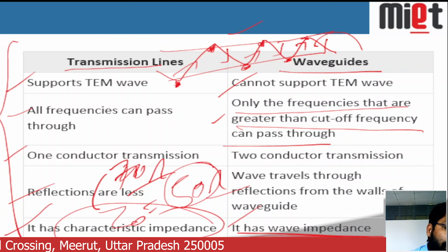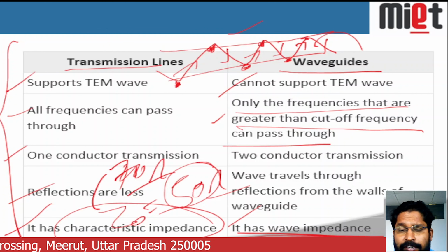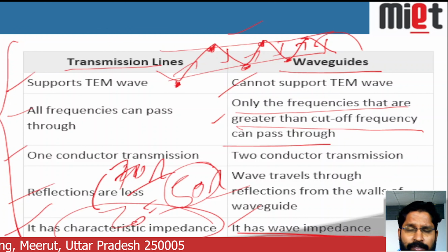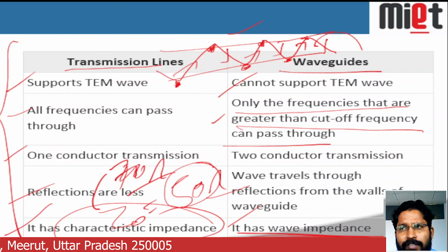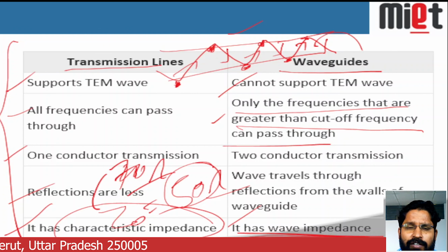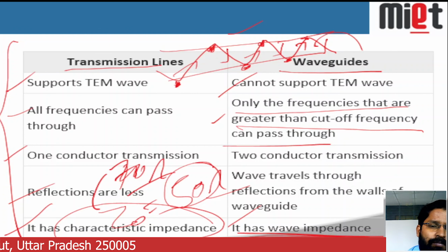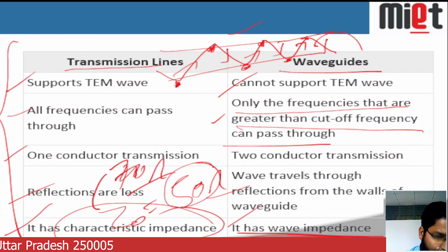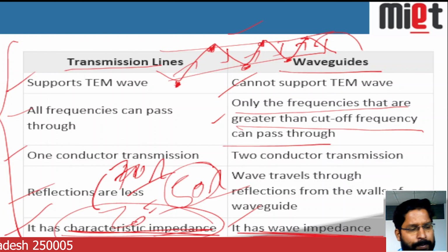We also calculate the characteristic impedance of the transmission line with the help of a formula, Z0 equals ZL minus Z0 over ZL. That is a different thing. Here we discuss that the transmission line has characteristic impedance and the waveguide just has wave impedance.